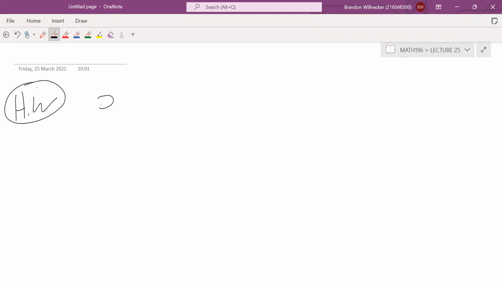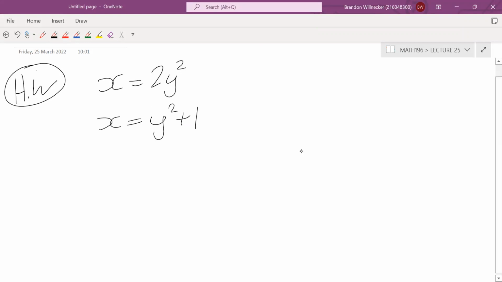We had x is equal to 2y squared and x is equal to y squared plus 1. Okay, so we see we have x and y, they have swapped their roles. So if we were to sketch this, we just need to shift our thinking.